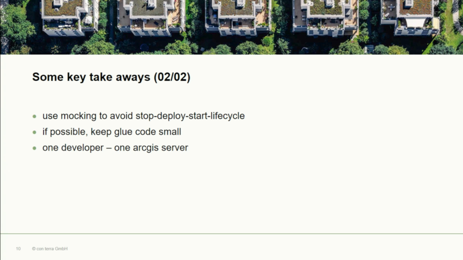So don't try to upload your SOI, test it, debug it; try to separate that and really reduce that debugging part as small as possible. And we also saw the easiest way is if every developer has his own ArcGIS server machine.